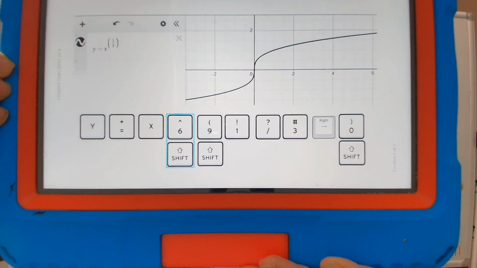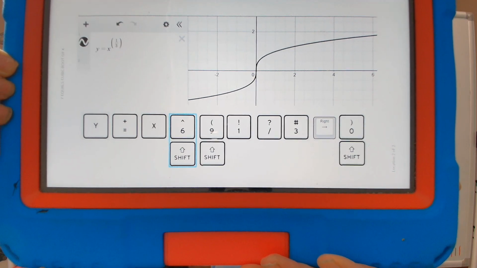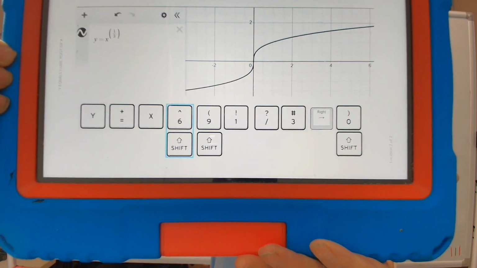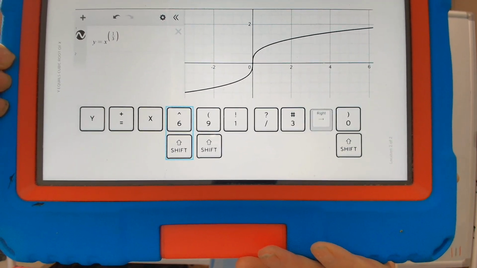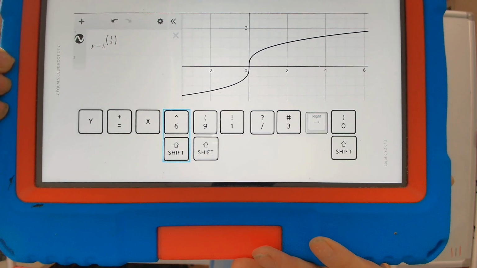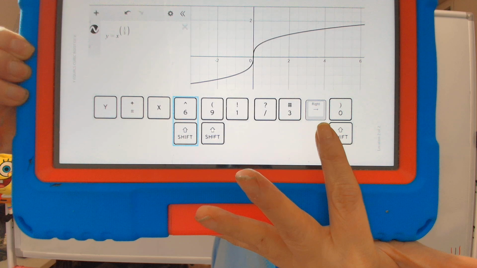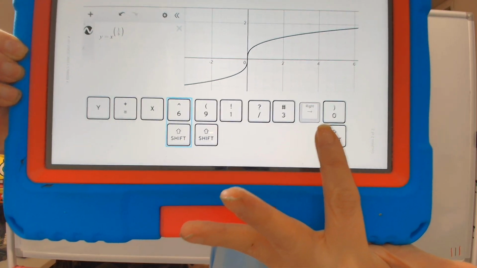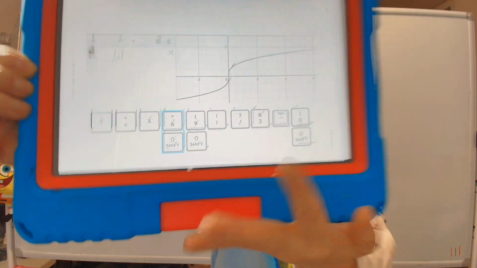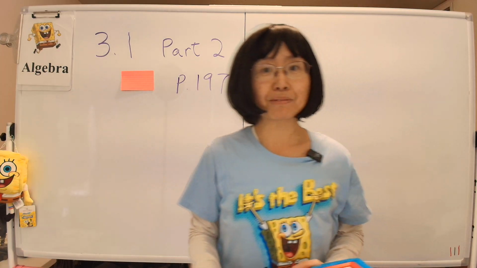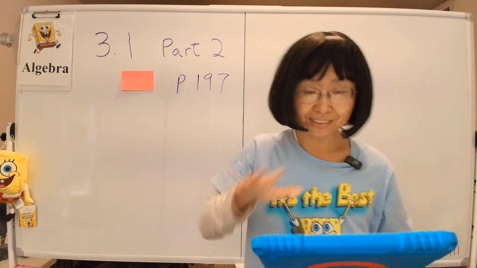I have here exactly how this is done. As you can see, I typed it in, and Desmos was able to graph it very nicely. Remember, this button is just the right arrow. Your keyboard might either say right or say the right arrow, not both. My son couldn't find the button that says both. It's one or the other.